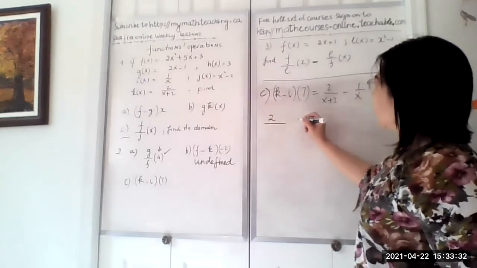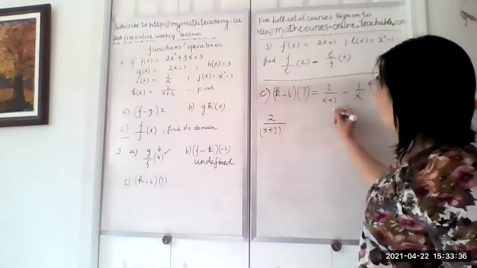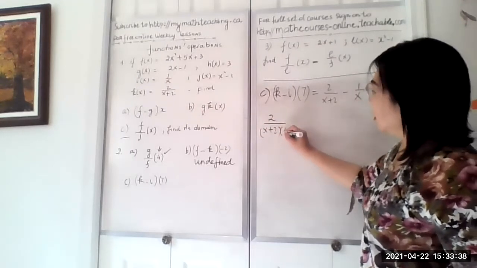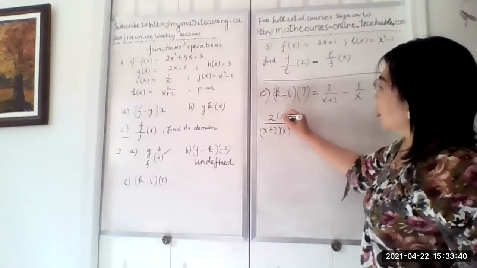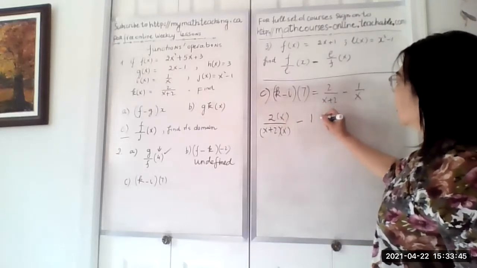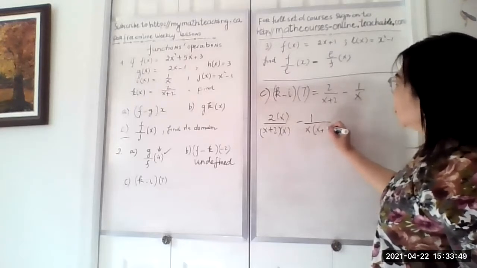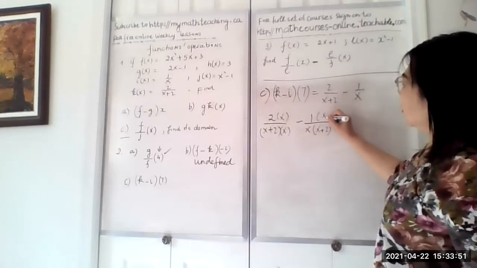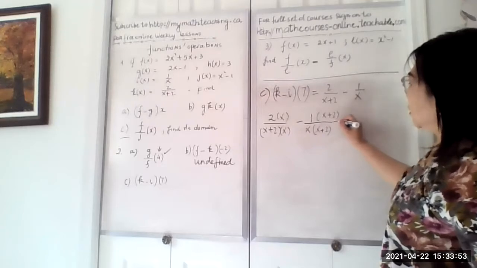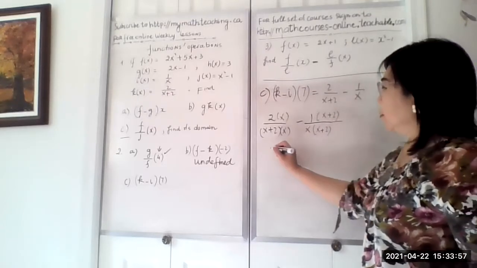So the first fraction, down here we have to multiply with the x to make common denominator. And the top, we have to do the same, right? Minus 1. Down here, we have to multiply with x plus 2. And of course, the top, we do the same, x plus 2. We multiply them together so that we make common denominator.